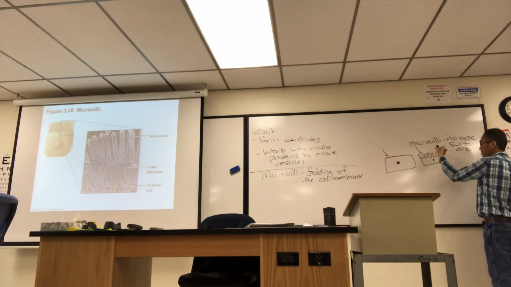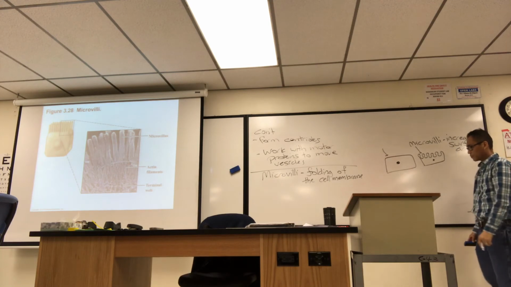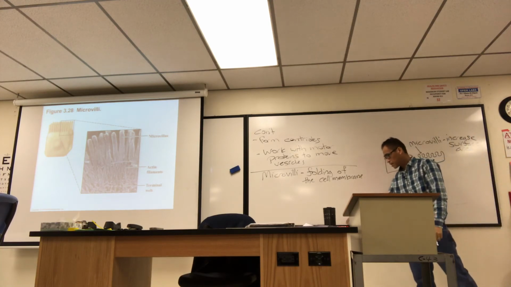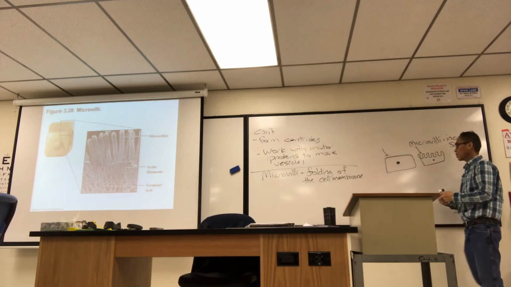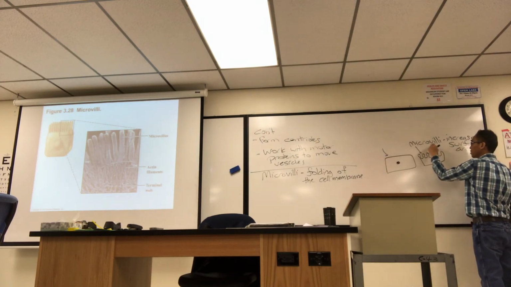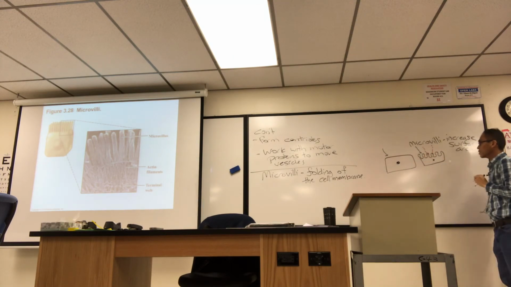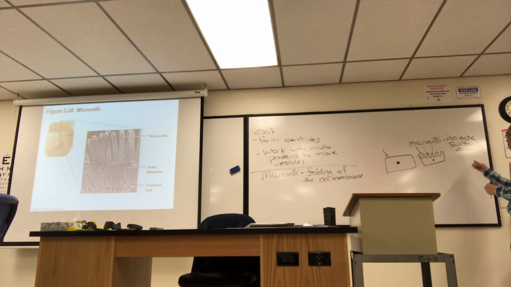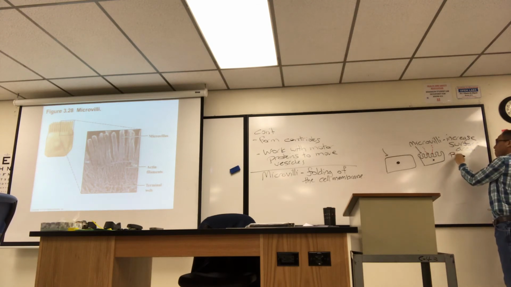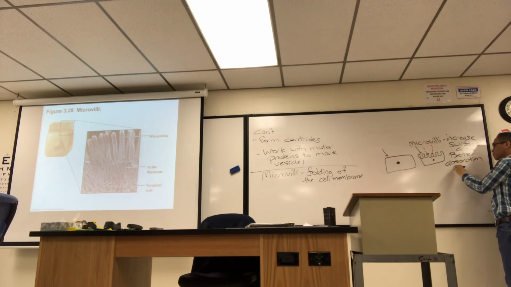So on that side of the cell, maybe things can be absorbed and secreted through that side, and since there's more surface to work with, it just makes it more efficient. So if these things want to come in, well, I guess the word is that it functions for absorption and secretion when you increase the surface area. Better absorption and secretion.